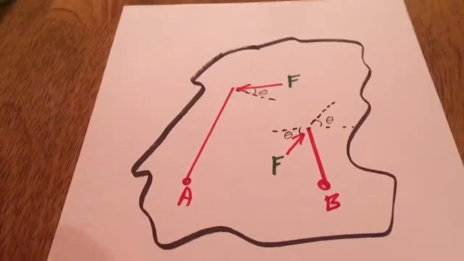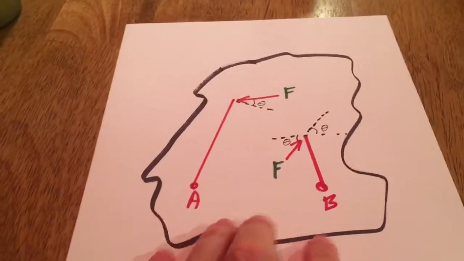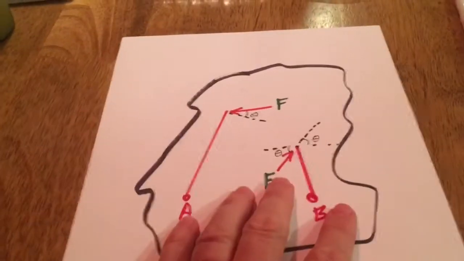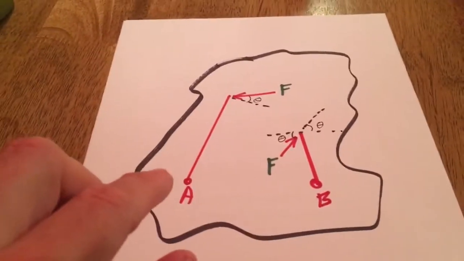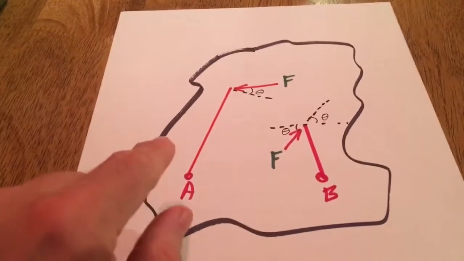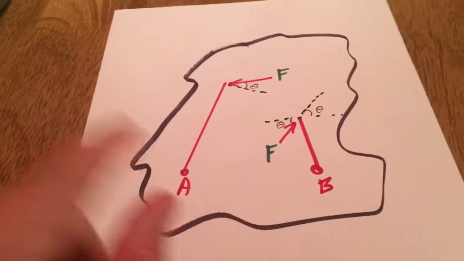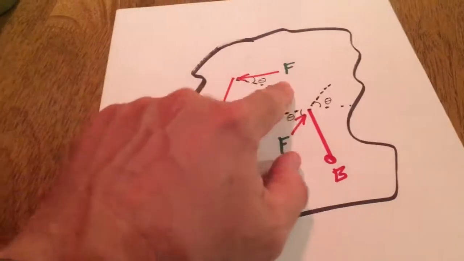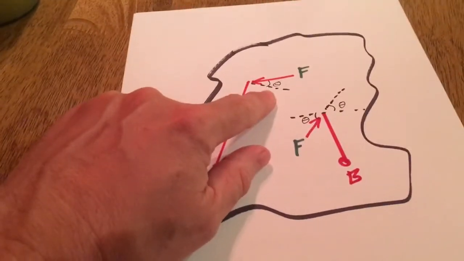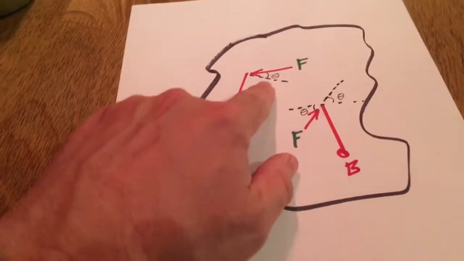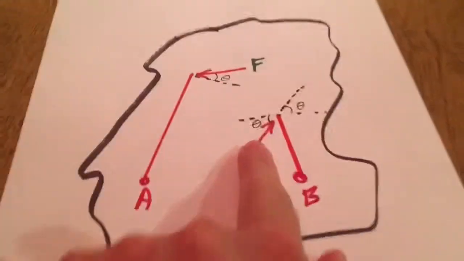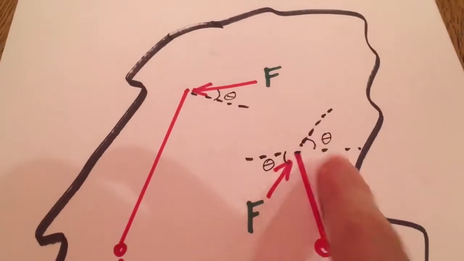Okay, and I'm showing this to signify that you can take most any shape that you want to. As far as figuring out torques, the problem is going to show you a point A or a point B or a point C, what have you. They're going to show you a force with an angle on it. It could be like that, it could be like that, or it could be like that.